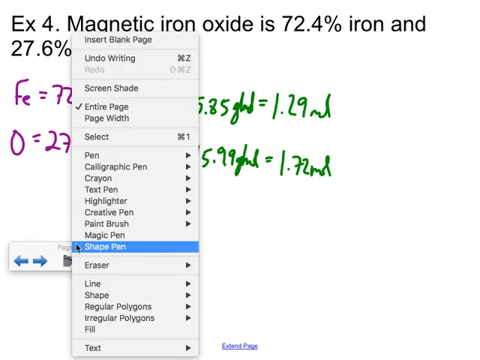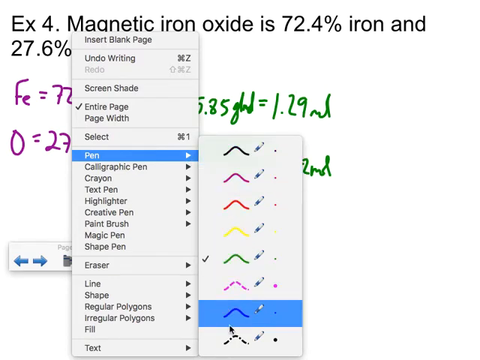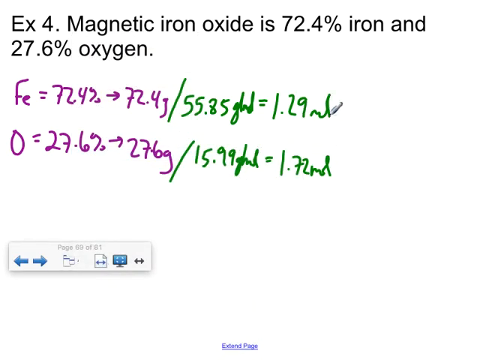Change my pen here to blue. Almost done. Which one of these two numbers is my lowest? This top number, so that means you divide everything by that value. So this is going to be 1. 1.72 divided by 1.29 is 1.33. We were just talking about this like 2 sample problems ago.